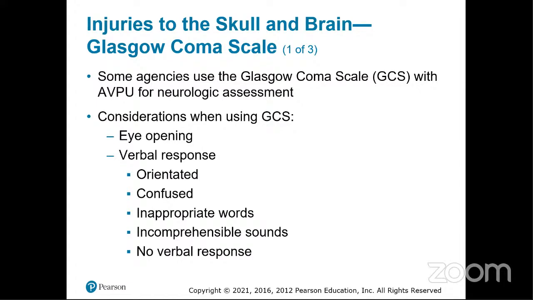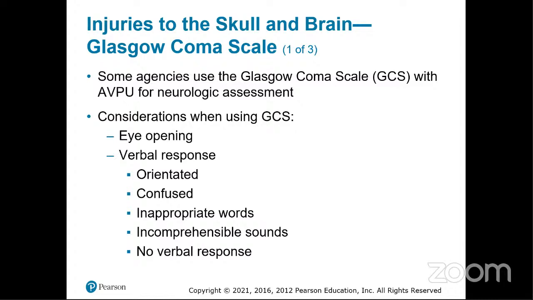If I look at you and say, "Hey," and you look at me, you are responding to a verbal, but are you oriented? Meaning, if I say, "Hey," do you look at me or do you look over to the left? So just the eye opening.